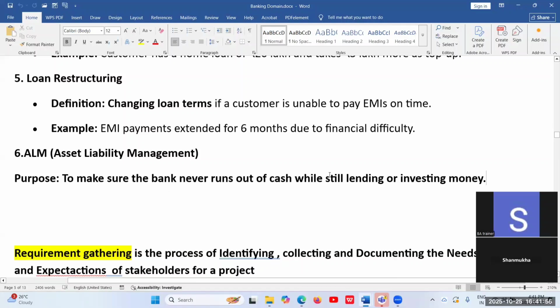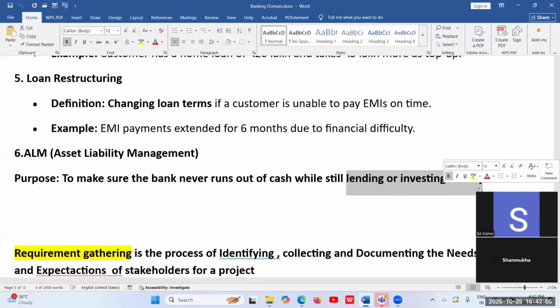Why? Because despite whatever activities or operations they are doing, like investing in something else or lending to others, after all of this they need to have a minimum amount. That is called ALM, asset liability management.